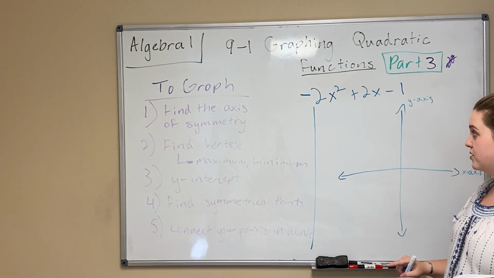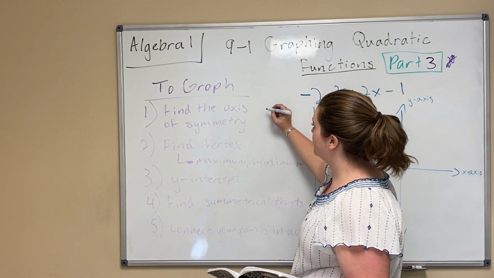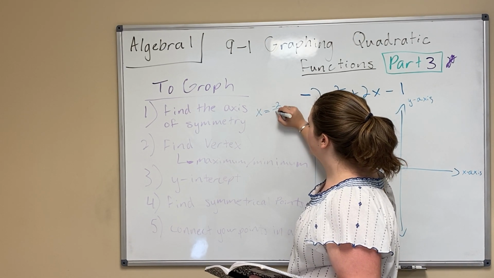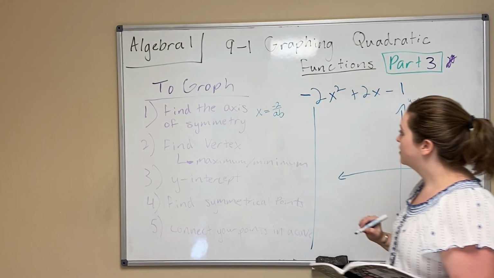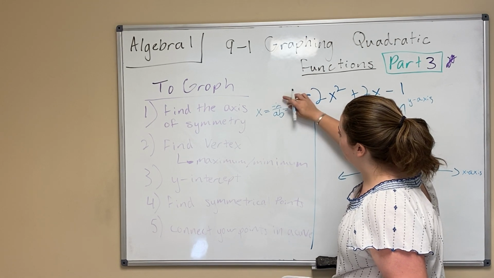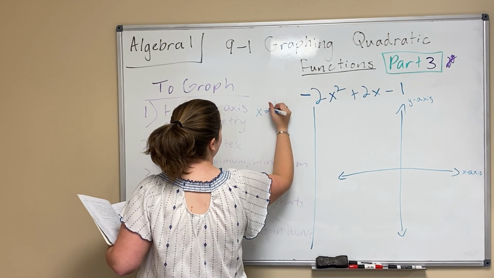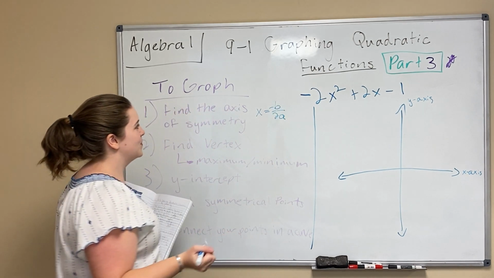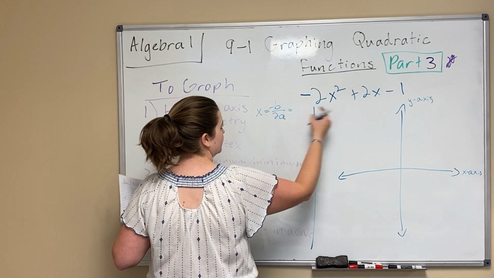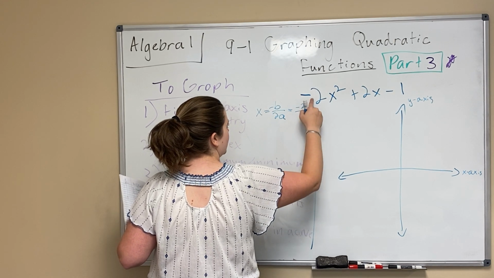You guys remember from yesterday that to find my axis of symmetry, all I have to do is go to where x equals negative b divided by 2a. And we know that negative b is negative 2, divided by 2 times a, which is negative 2.